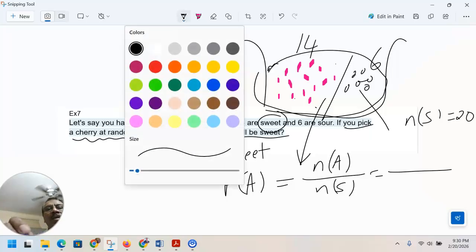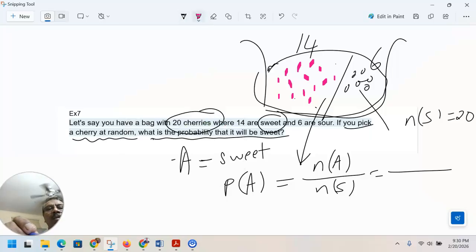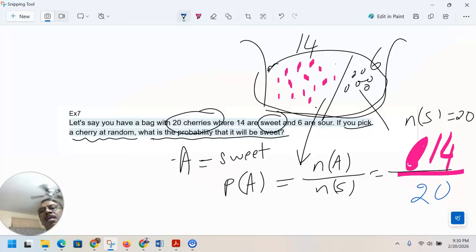So this is 14 and the total number altogether is 20, because there are 20 of them.